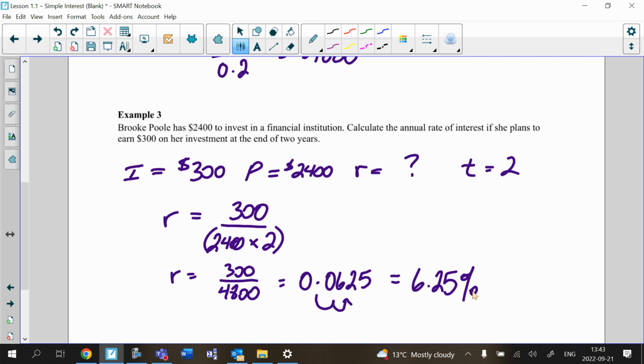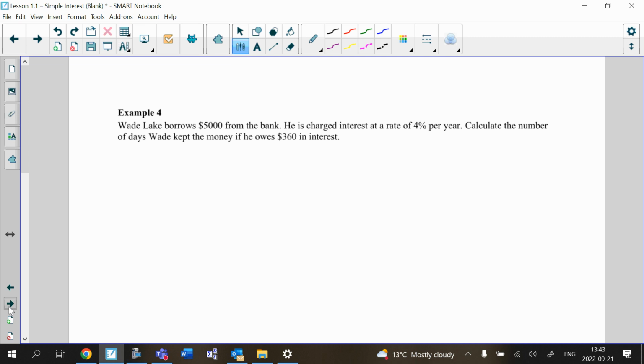Well, if he's borrowing $5,000, that $5,000 is the principal. At an interest rate of 4% per year. So we're told the interest rate. And 4% in decimal becomes 0.04.